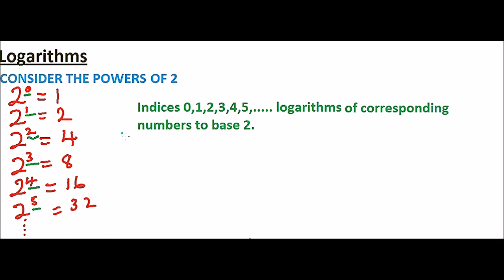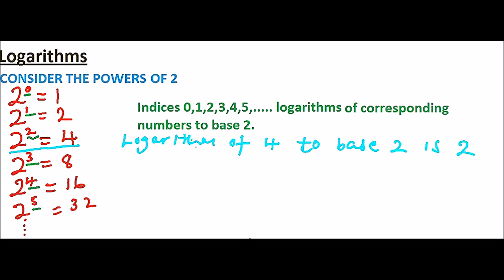So let us now look at how we write the logarithm. For example, we take 2 squared is equal to 4. So we write the logarithm of 4 to base 2 is 2. Another example, let's take 2 to power 5 is equal to 32.